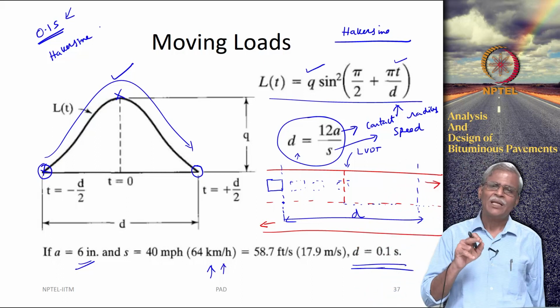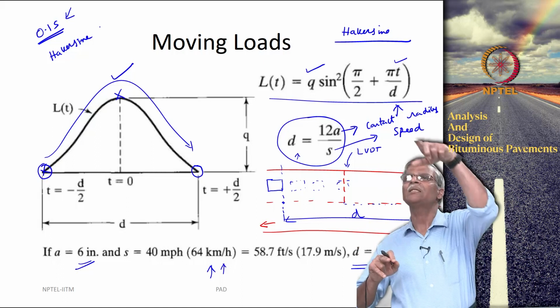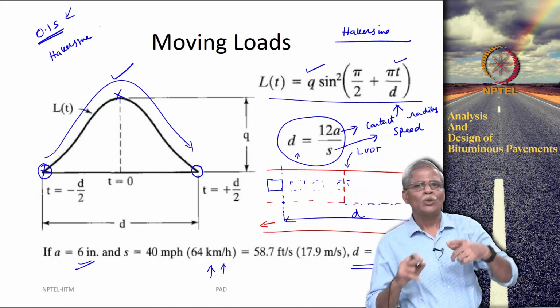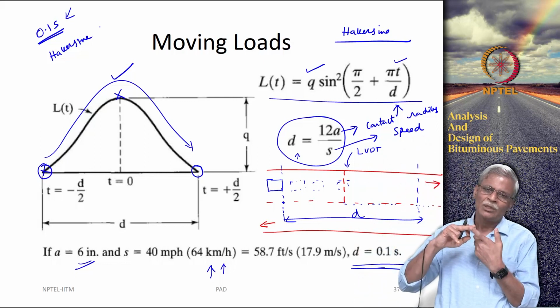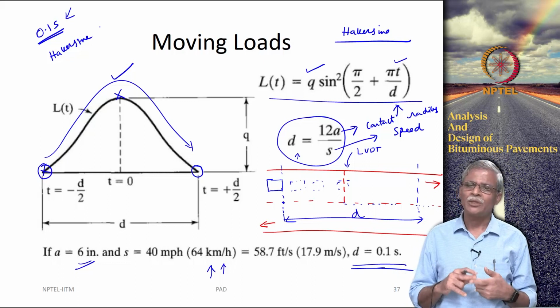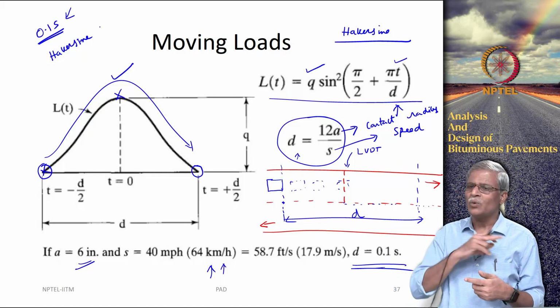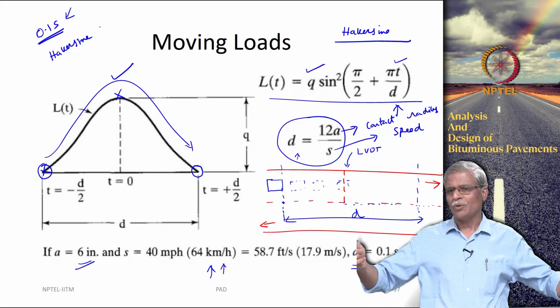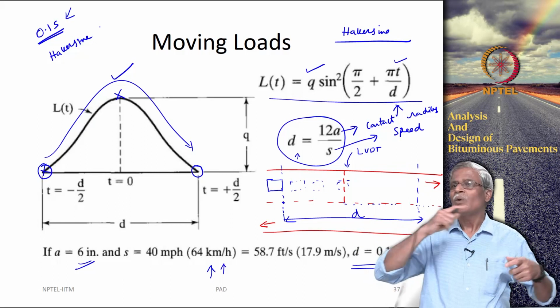That means at any given point the load has to increase and then decrease. The most important thing is that Q is anyway your tire pressure, no problem. What matters is the time duration of loading and the waveform.